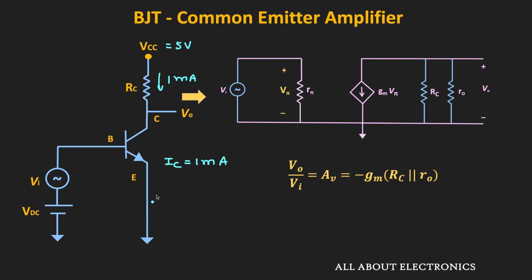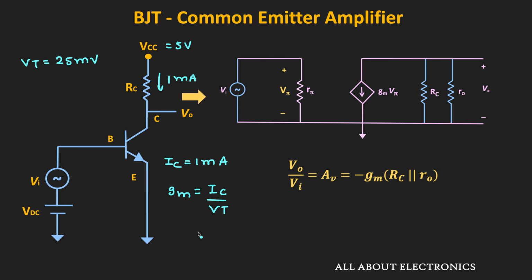The transconductance Gm can be given as IC divided by Vt. Typically at room temperature, the thermal voltage Vt is equal to 26 millivolt. But here for simplicity, let's say Vt is equal to 25 millivolt.